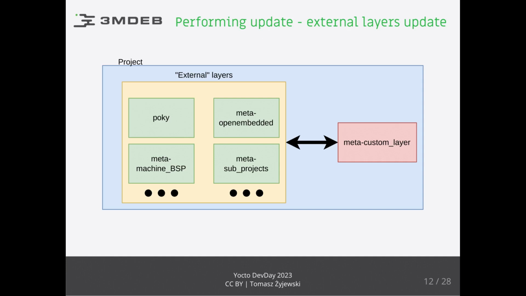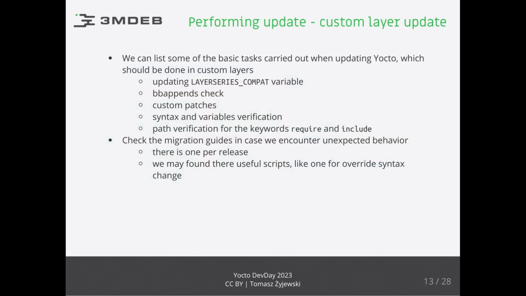So when we are switching to Kirkstone, probably all of them have a branch named Kirkstone, and we just need to choose the revision that is working for us, and that probably would be the end of the work with the external layers. Most changes will be done in our custom layer, and that's why, as I said, it is easier for us to maintain that.